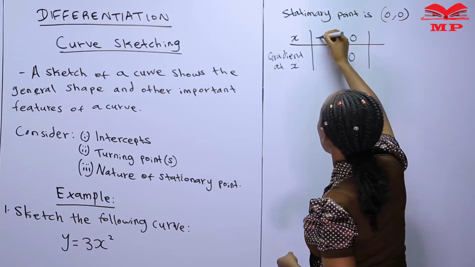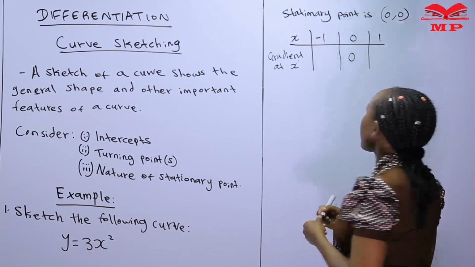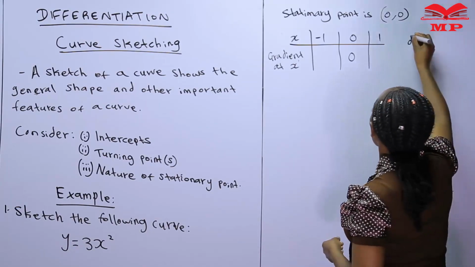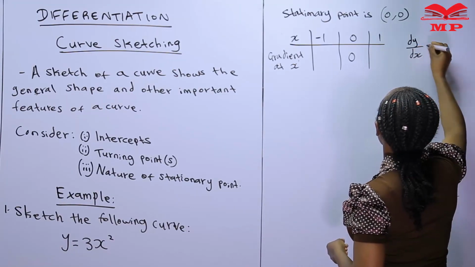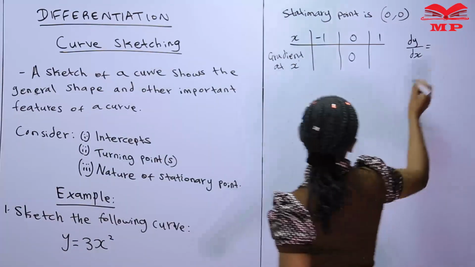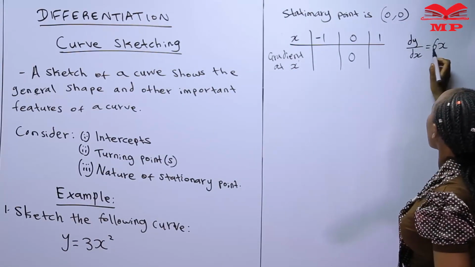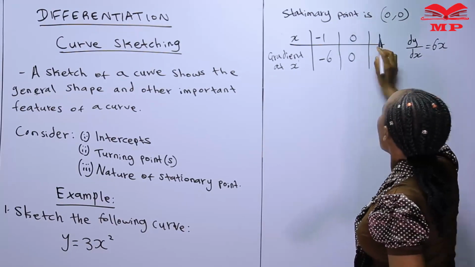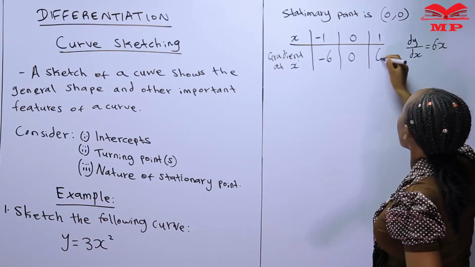So we get a point towards the left and towards the right. So we get the gradient at x. We know that the equation for the gradient dy/dx is equal to 6x. So we have negative 1 times 6, negative 6, and 1 times 6, we have 6.